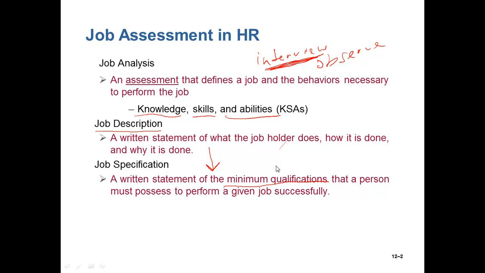Okay, so a quick example here of job assessment. Several people, I've got several subscribers from around the world, so we'll pick an international game here as an example: soccer, or football, depending on where you live.